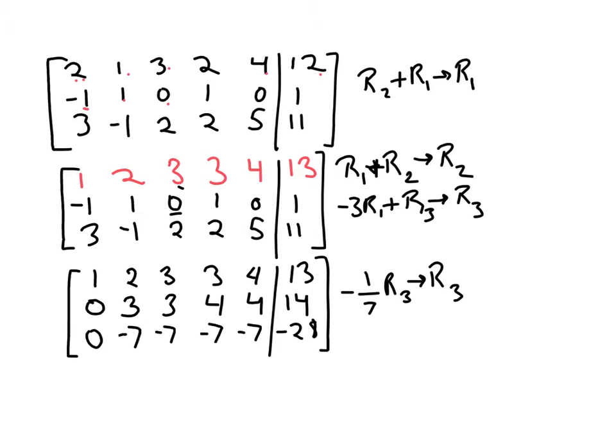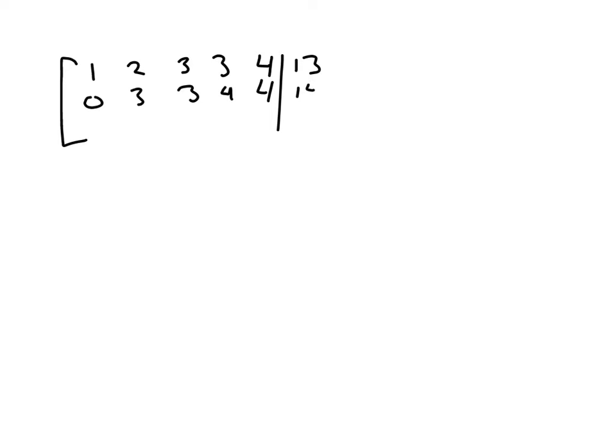So I'll need a new page to write that out. Okay, so I'll do this as quickly as I can. I'm going to have to copy the other rows the way they were. Okay, and then once we do -1/7 times all of row 3, these were all -7ths, so they're all going to turn into 1s.